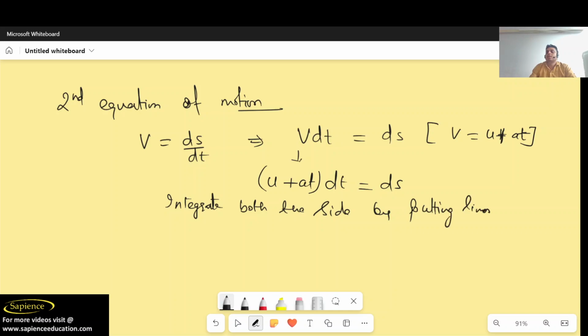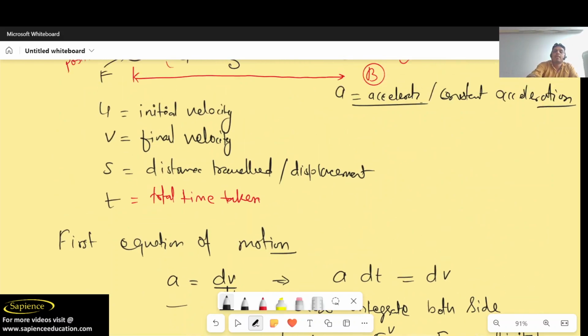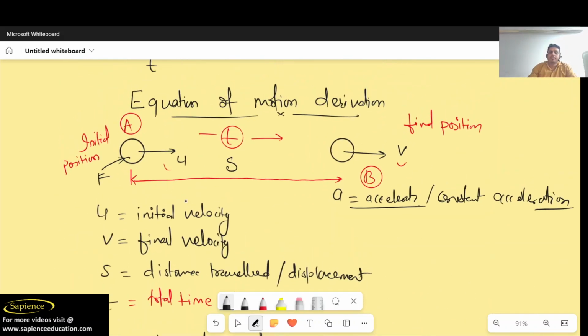Limit means what? What is the range? If I am putting a limit, it means I am putting a range. You have seen that t equal to 0 to t equal to the time taken, so 0 to t is the limit.